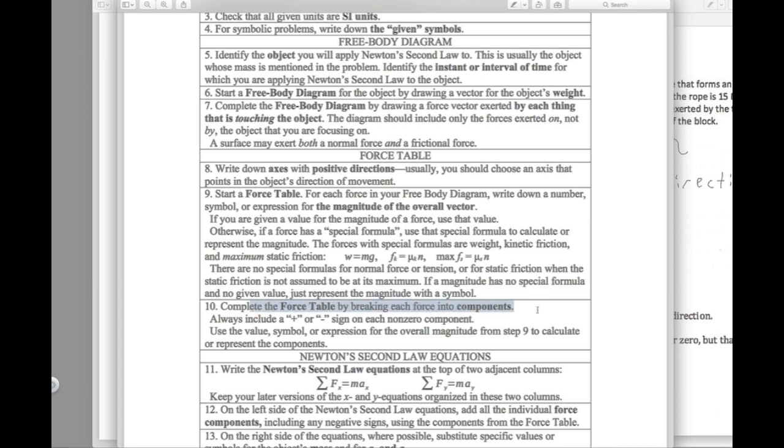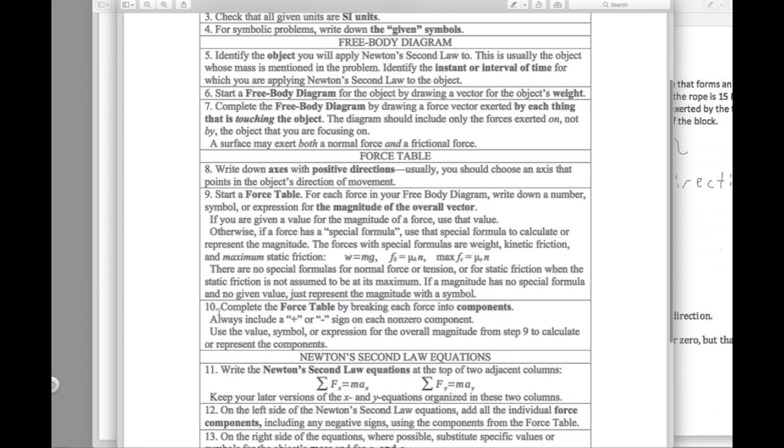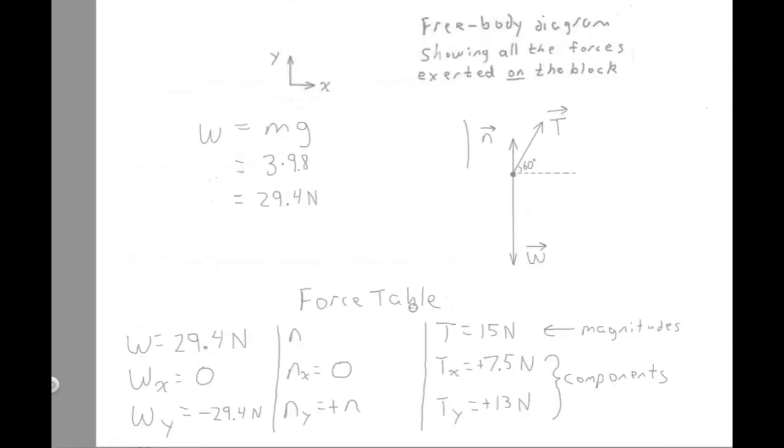The next two rows of the table are for the components. Remember, I strongly encourage you to always include a plus sign in front of all the positive components so that you'll remember the negative signs that you need in front of the negative components. We do not include plus signs in the first row because the first row represents magnitudes. Magnitudes can never be negative, so there's no need to emphasize that they're positive.